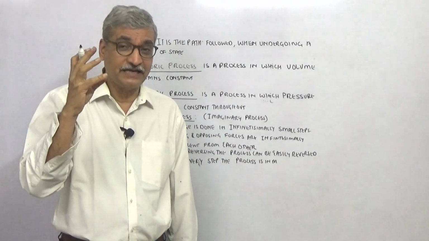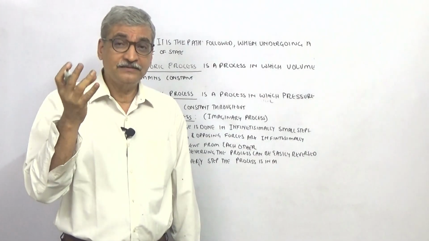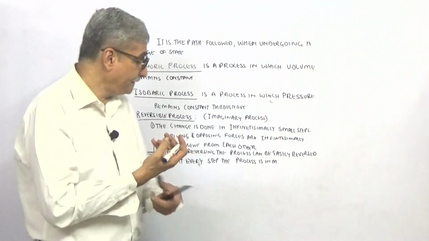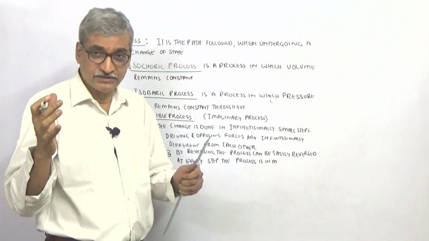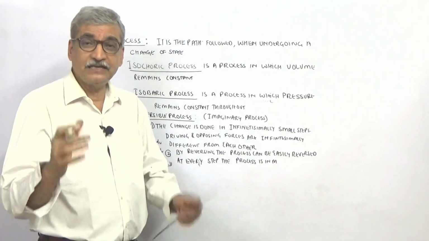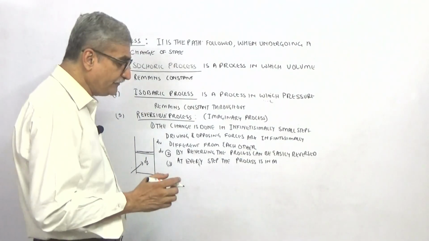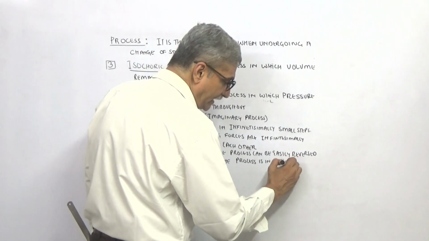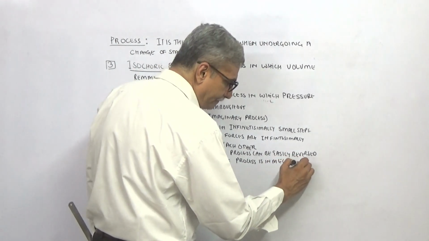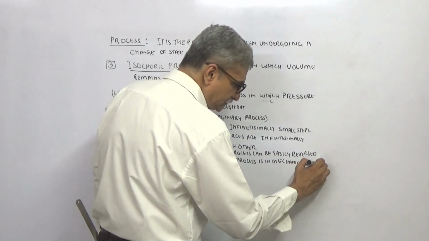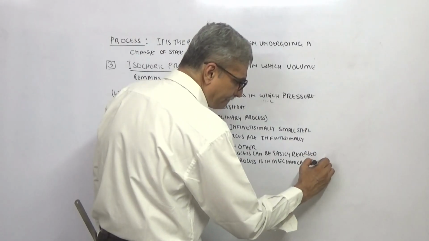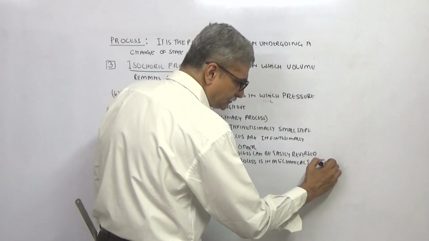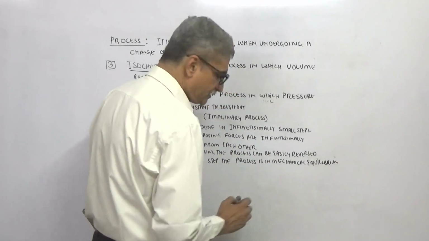I told you equilibrium is of three types: mechanical, chemical, where I said composition does not change, and thermal. Mechanical means pressure remains constant. At every step, the process is in mechanical equilibrium, that means the pressure will remain constant.